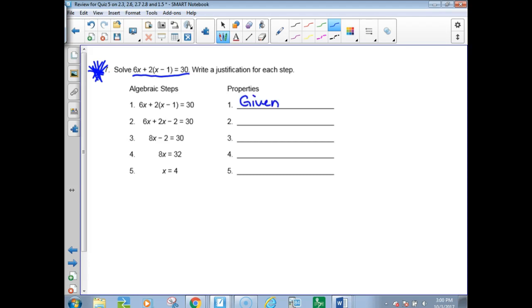We were given that equation, and we were solving it. Okay, now, how did we go from line 1 to line 2? Good. I'm glad I heard more distribution than multiply, because although we are multiplying 2 through the parentheses, the technical term is to distribute the 2 over the x and the minus 1. So it is the distributive property.